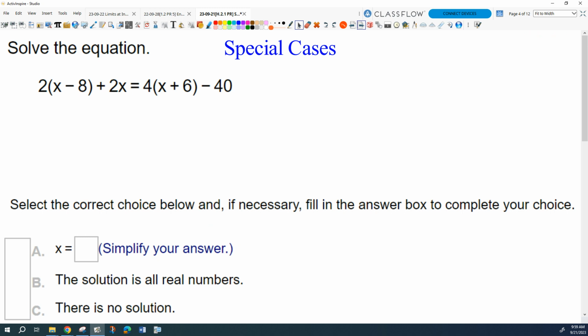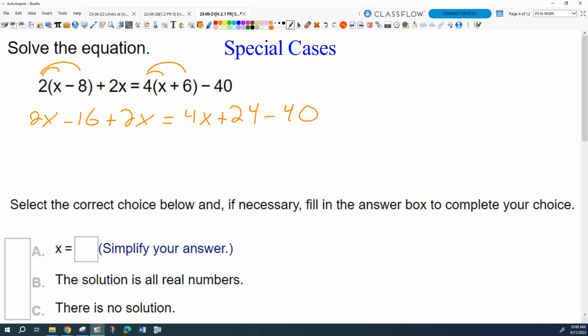Okay, let's look at a couple special cases here. So same kind of thing here. You guys would tell me, what would I do first? Distribute. Okay, so if I distribute the 2 and I distribute the 4, that's going to give me what? 2x minus 16 plus 2x equals 4x plus 24 minus 40.